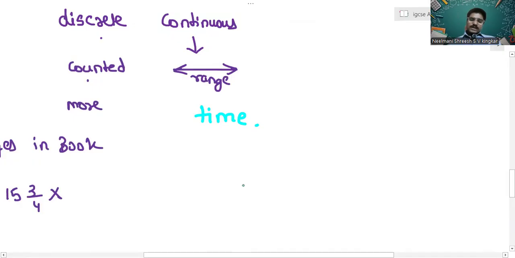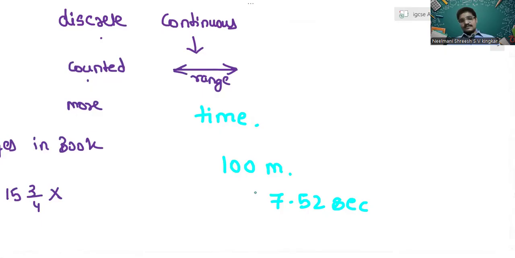Understand you are competing in a 100-meter race, right? So I can have my lap in like 7.52 seconds or even more precise. I can track it to seconds, to milliseconds, and even to a smaller fraction of that.